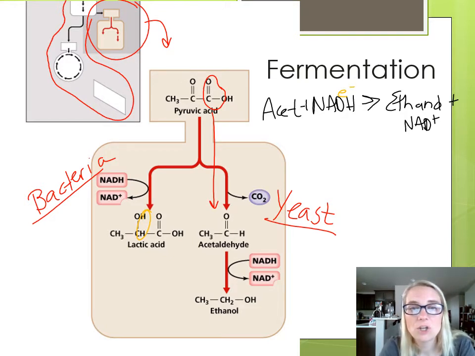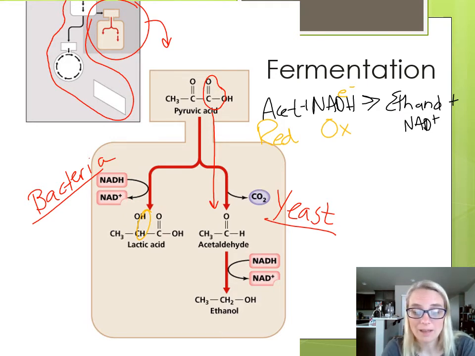So if the NADH has the hydrogens to begin with, and then it doesn't on the product side, right, because it went to NAD plus, it had to lose those electrons. So the NADH is oxidized, which means the acetaldehyde had to be reduced because those electrons went to the acetaldehyde to create the ethanol. And it's kind of rearranged a little bit, but here are some of those hydrogens here in the middle of that ethanol molecule.